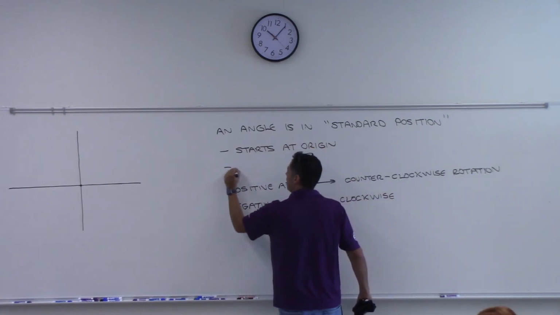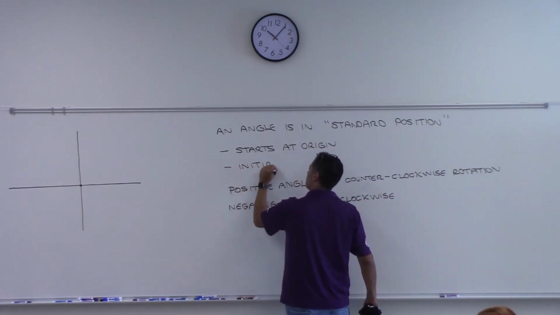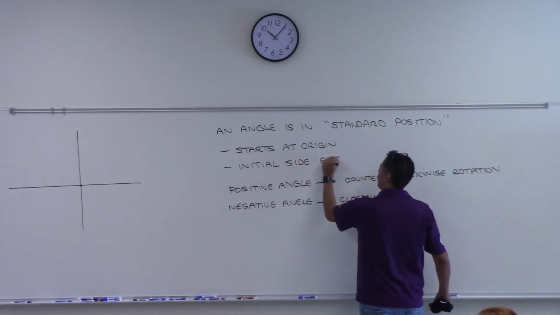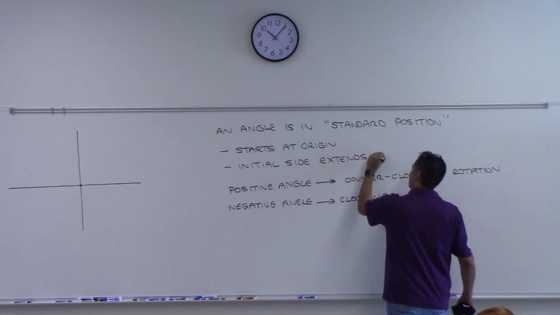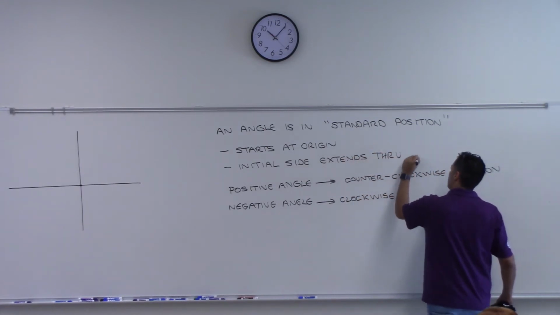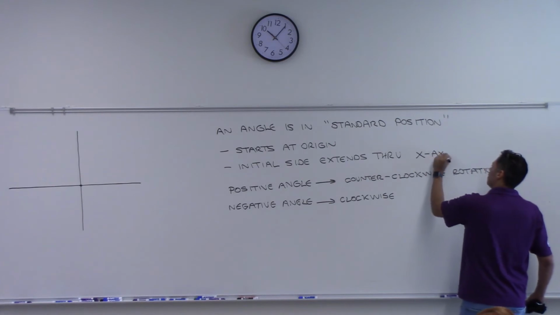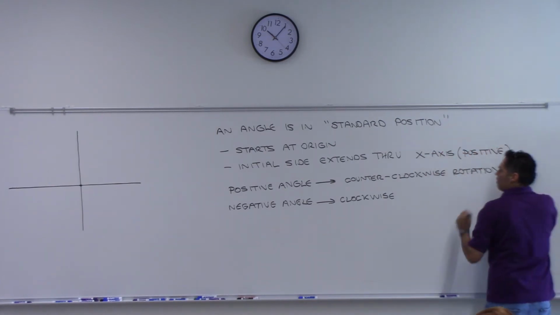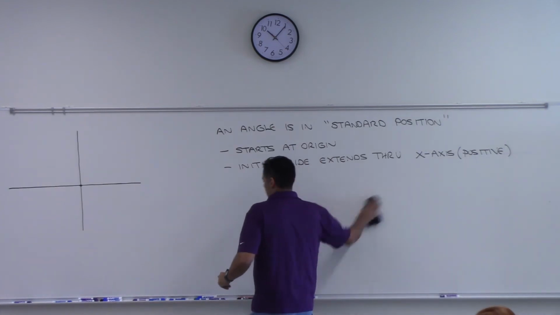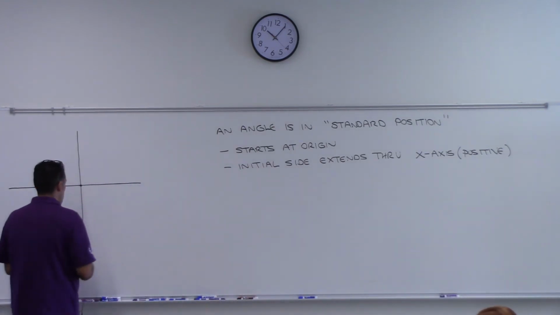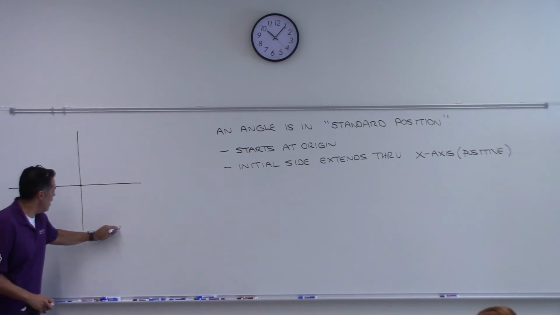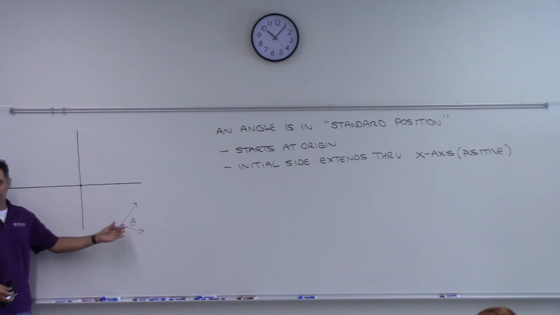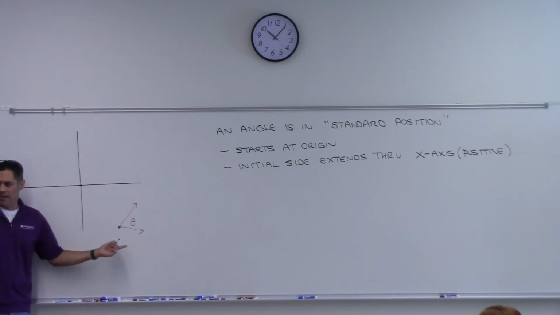and then the initial side extends through the x-axis in the positive direction. Okay, so what do I mean? If I draw an angle, I could draw an angle anywhere I want here. I could go, hey, look, here's two rays, and then I've got this angle theta here, right? I could do that. That angle would not be in standard position.